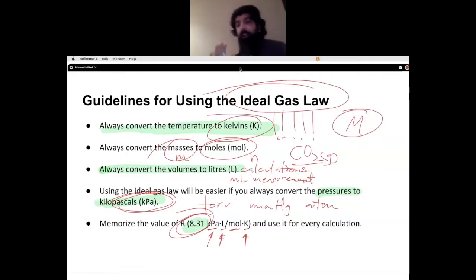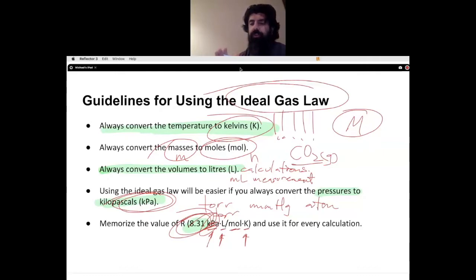In fact, the R value is different if we were to change kilopascals to torr units: torr·liters per mole·Kelvin. So understand that there are different R values based on the different pressures that you can use. But we are going to make things simple, and we are always going to want our pressure units to be in kilopascals.